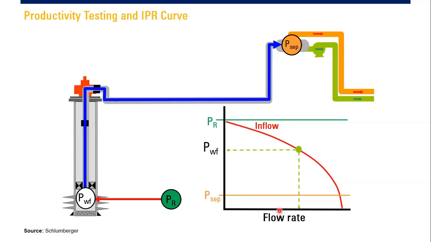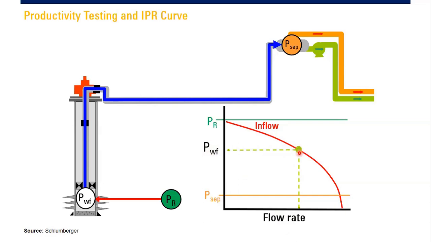So at the same time you measure the flow rate, at the same time you measure the pressure, so that you can get this data, in which the x-axis is the flow rate, actual flow rate from the well test separator, and the vertical axis, y-axis, is the flowing bottom hole pressure obtained from the downhole gauge.